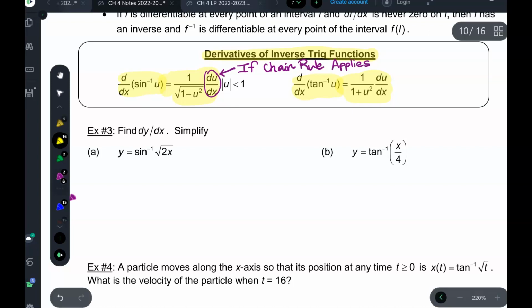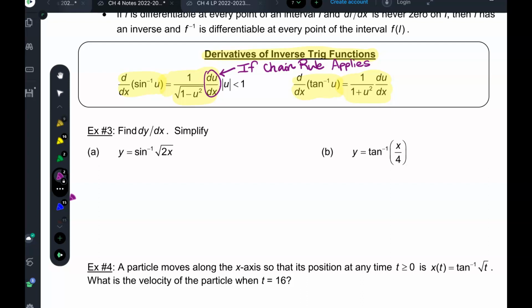Does the absolute value of u less than 1 mean that's the restriction on u? It does. They just put that restriction on. Why? Think about the domain of the square root of 1 minus u squared. Can u equal 2?